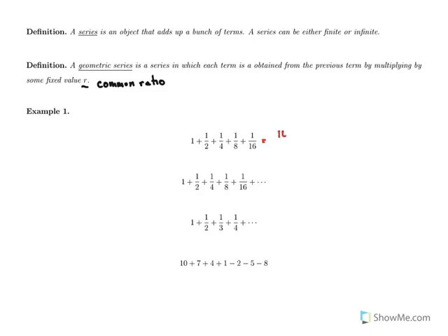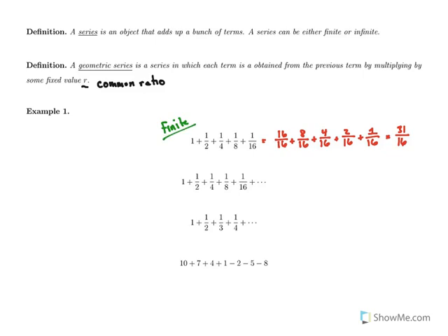We could say this is 16/16 plus 8/16 plus 4/16 plus 2/16 plus 1/16 would give us a total of 31/16. So here the sum would be that value. This is a geometric series, a finite geometric series. Finite because there are just 5 terms there.